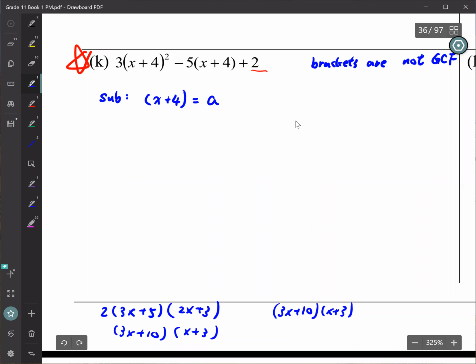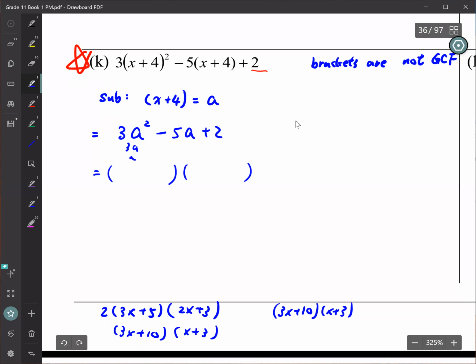So if I replace it, it looks like 3a squared minus 5a plus 2, right? After substitution. So looks like we need to use cross multiply, right? So Amanda, can you tell us how you cross multiply this one? 3a and a, negative 2 and negative 1.